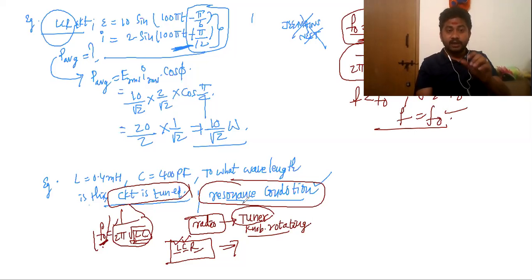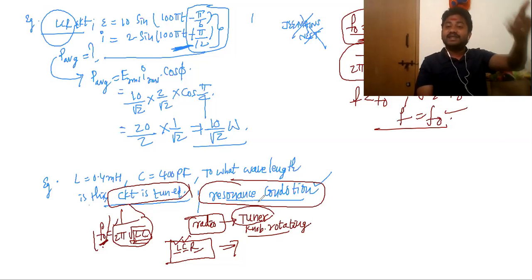Imagine we are just tuning the radio. If you are listening to one channel and you tune a little bit, the frequency will change. If the changed frequency does not match any of the channels already designed by the government of India, understand?